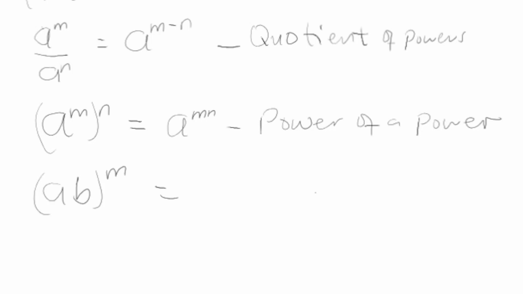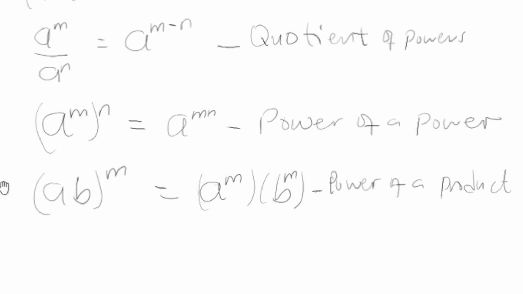This one should give me a exponent m times b exponent m. A exponent m times b exponent m. This is the power of a product. So the power of a quotient would just be the inverse of it.